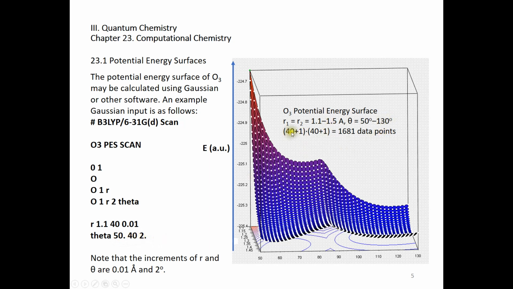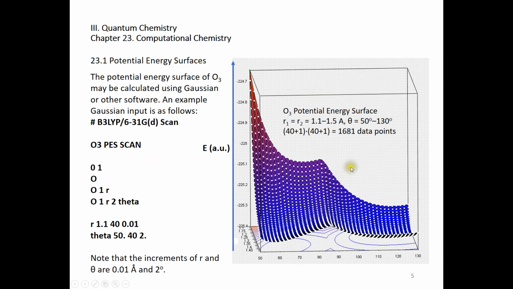So since we have 41 possible values for R, 41 possible values for theta, we do have 1,681 data points on this potential energy surface. So this is why the calculation of the potential energy surface often takes a very long time.